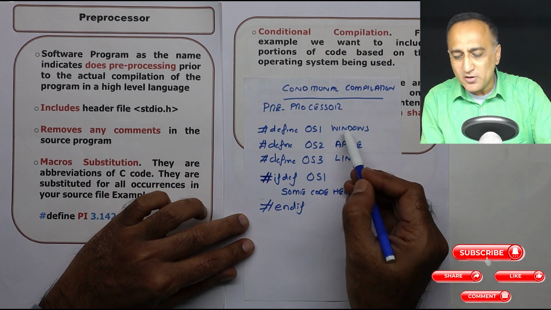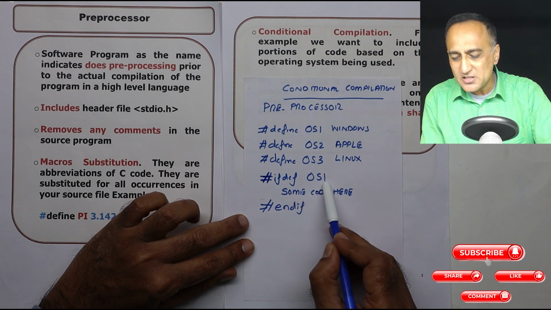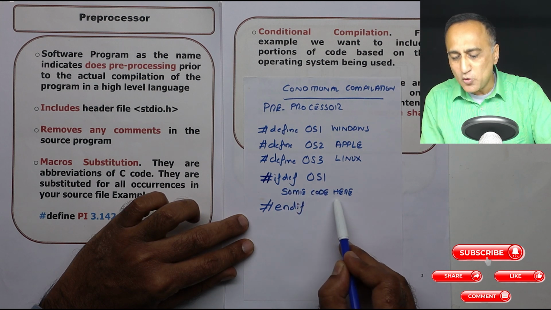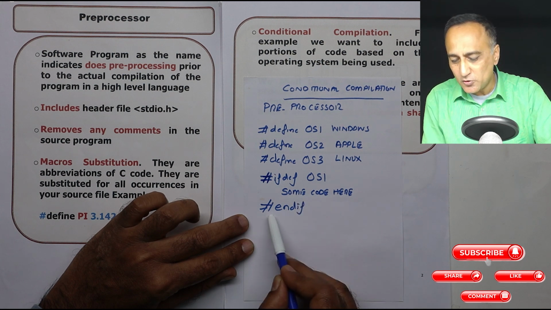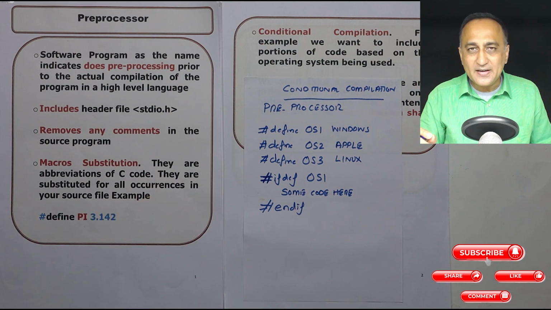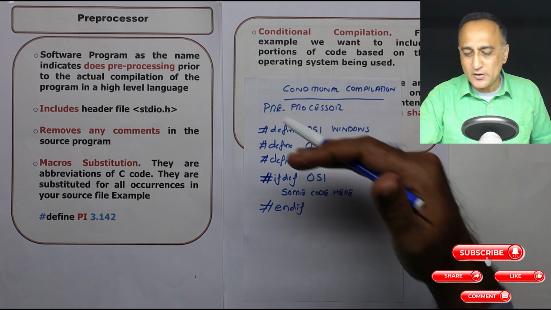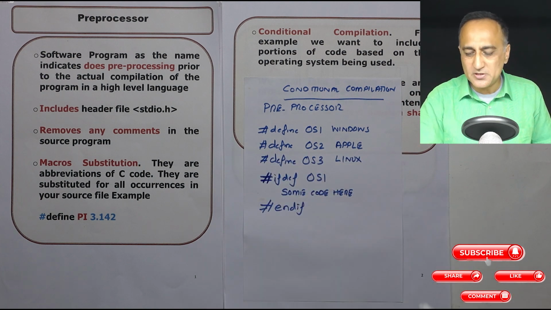Assume I am working on Windows. If I write this statement, if the operating system is Windows, some code which is required for the program to compile on Windows is passed on to the compiler, and this indicates the end of it. Let me clarify it at a conceptual level. Please do not try to understand the syntax, because the syntax is not important. The concept is important.